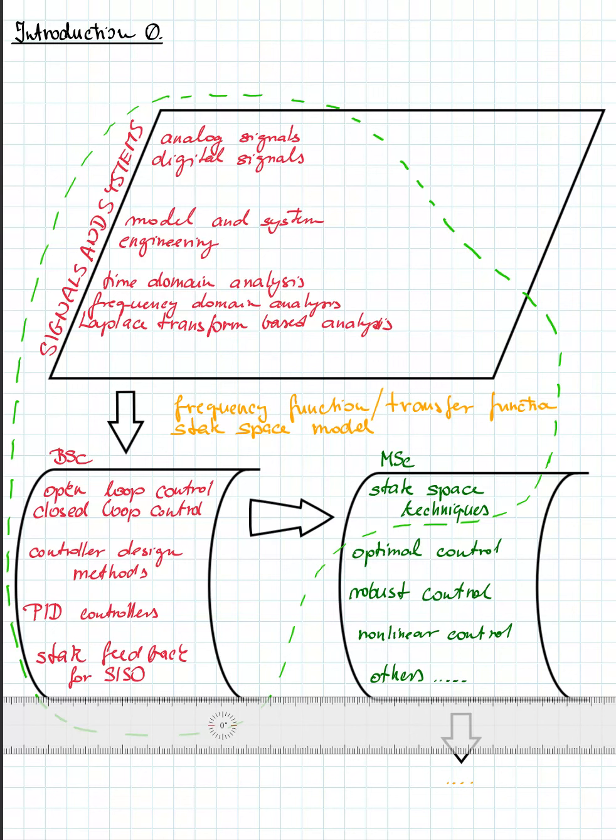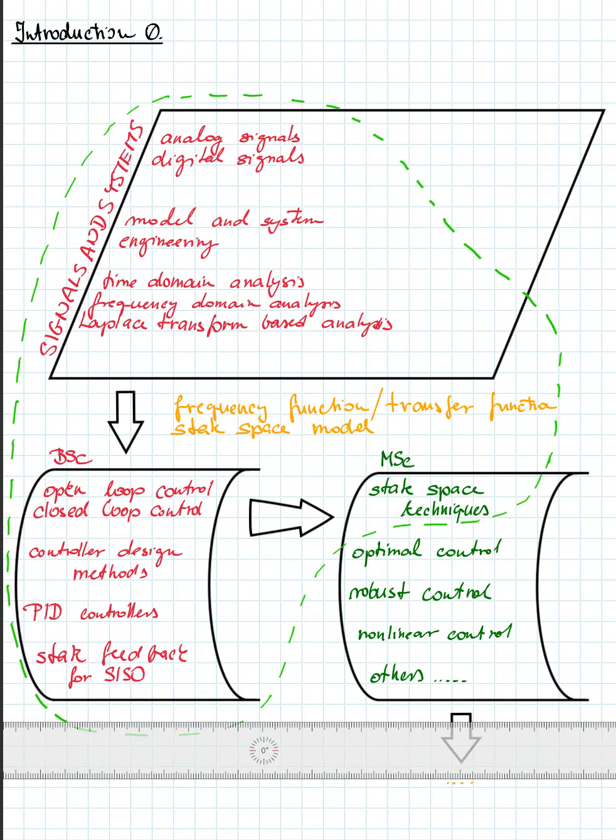It's a little bit of a repeat of the state space techniques from the BSc studies, but it's needed to make the common language of the students. And if we know the state space technique, we can go further to optimal control. We can go further to robust control. We can go further to nonlinear control and to many other directions which we are interested in.